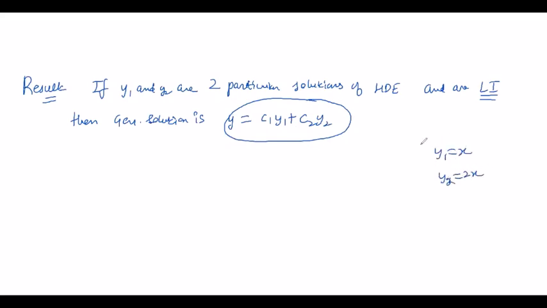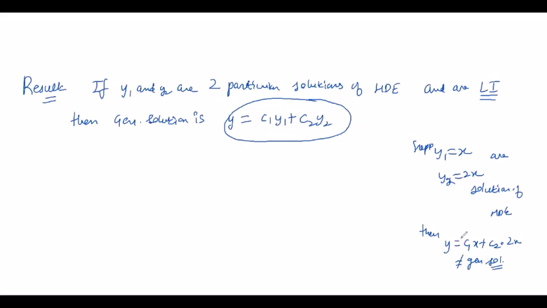Suppose these are the solutions of some homogeneous second order differential equation. Then if you say c1 x plus c2 times 2x, this is not going to be a general solution. Why?